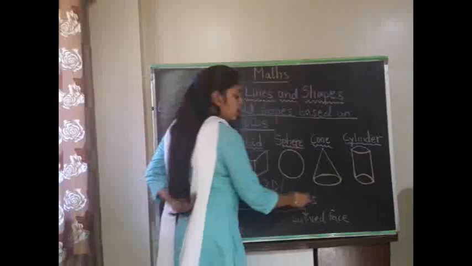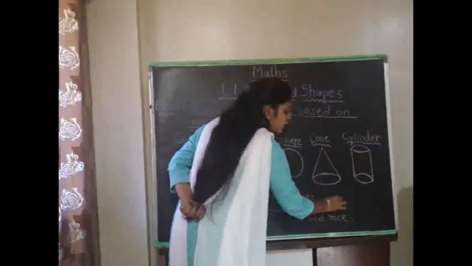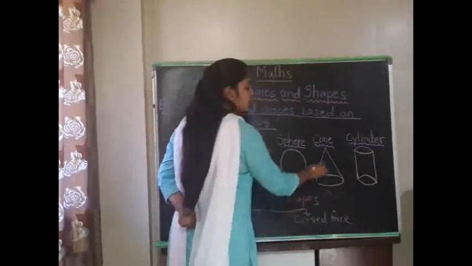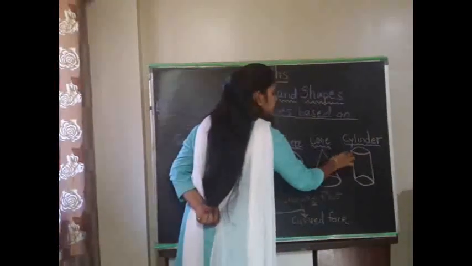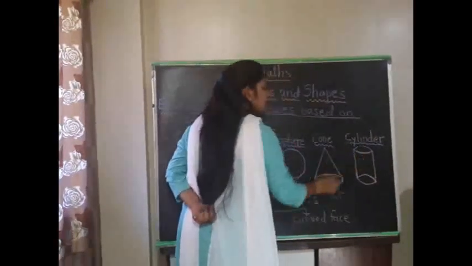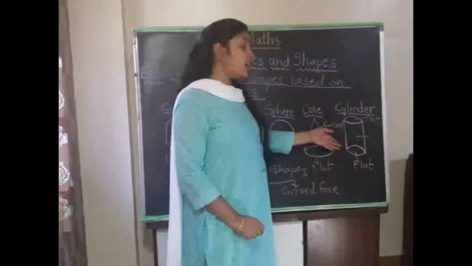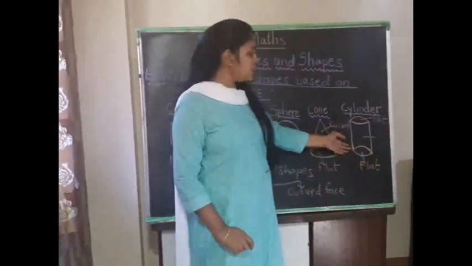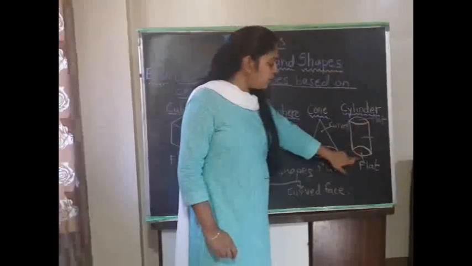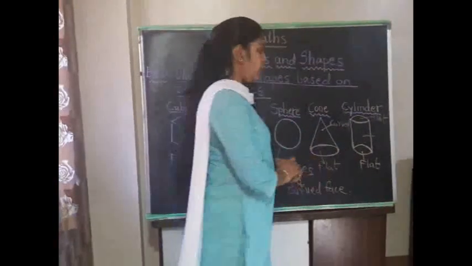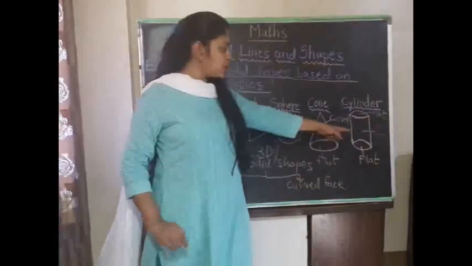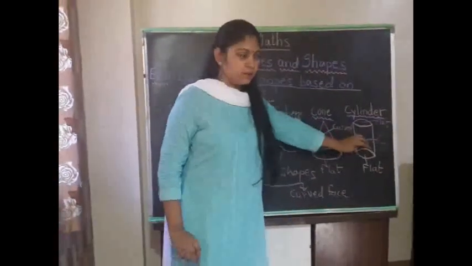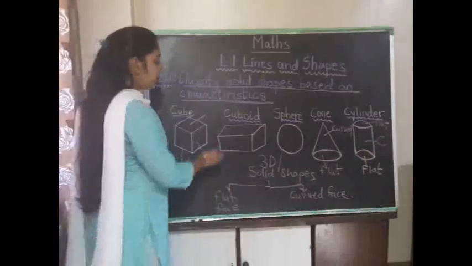This is the flat face of a cone, whereas here is its curved face. In our last solid shape, we can see there are two flat faces and one curved face, which is denoted by C here.